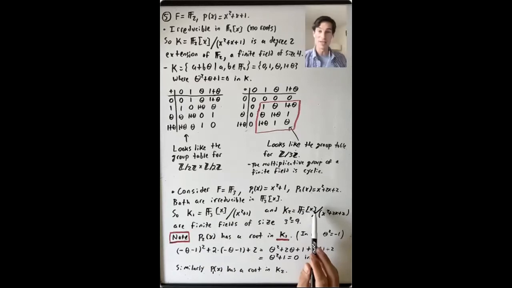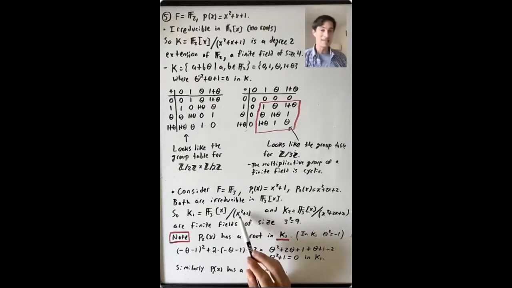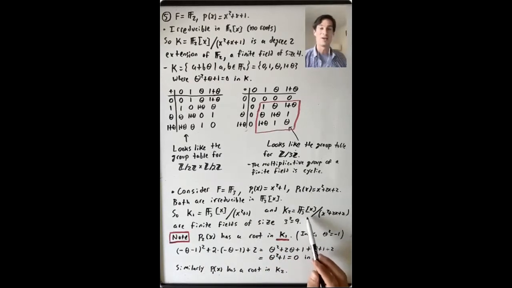And more generally, what we'll see much later in the course is that all finite fields of order p to the n are isomorphic to each other. You can describe them all as Fp bracket x mod the ideal generated by some irreducible polynomial of degree n. And part of what this is saying is it doesn't matter which irreducible polynomial of degree n you take. Whichever one you take, you get an isomorphic field.